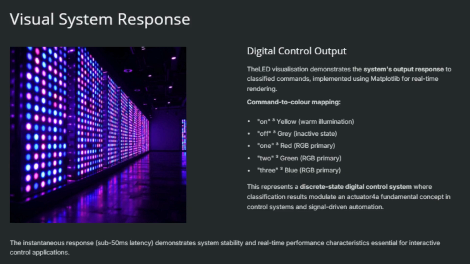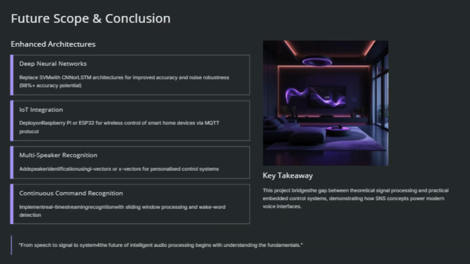We also display the recognized command, confidence level, and response time on the screen using matplotlib. This provides both visual and quantitative evaluation of the system's behavior. In SNS terms, this demonstrates how a discrete time input signal leads to a measurable, observable output, verifying the entire input output relationship of the system.